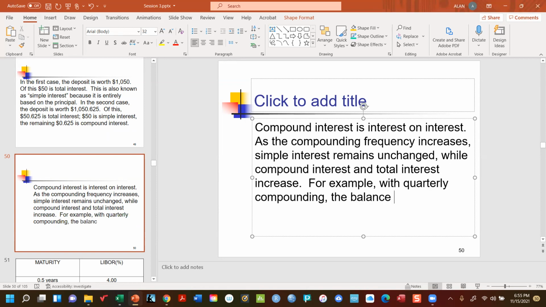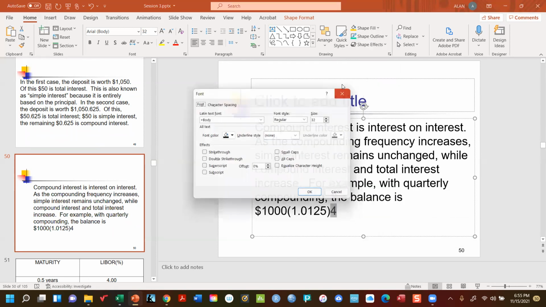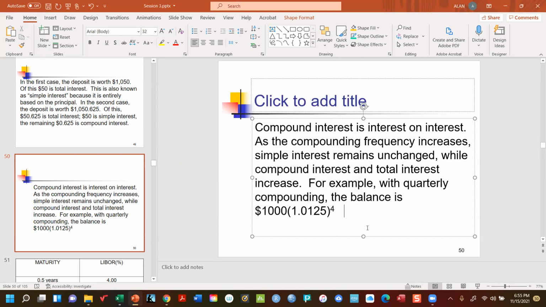For example, with quarterly compounding, the balance is 1,000 times 1.0125 raised to the fourth power, which is slightly higher: $1,050.95.